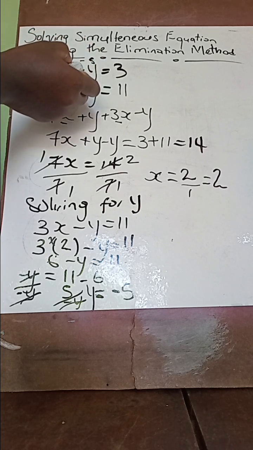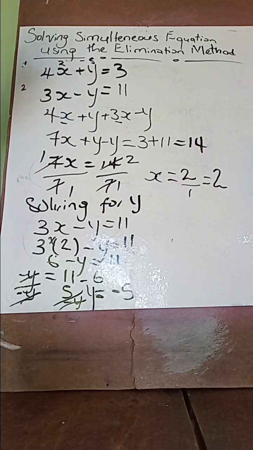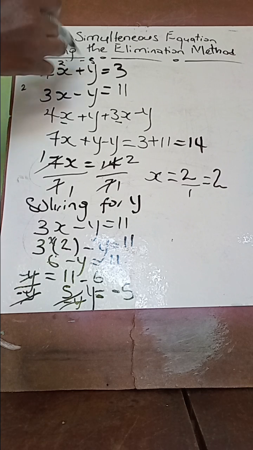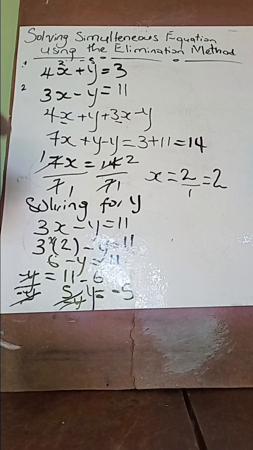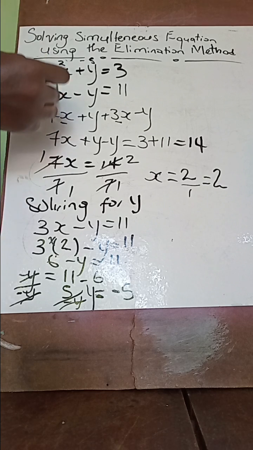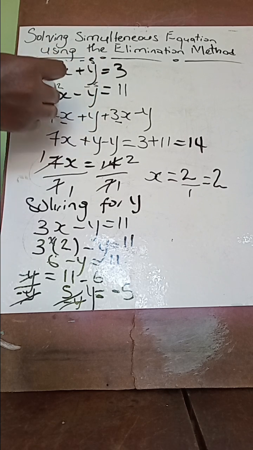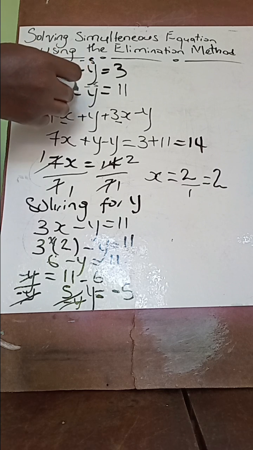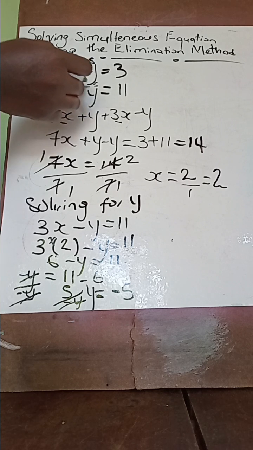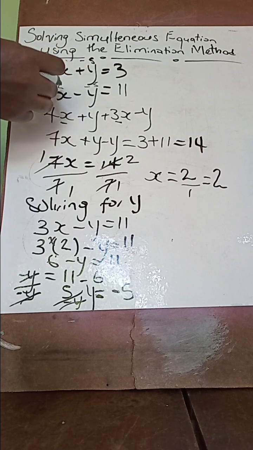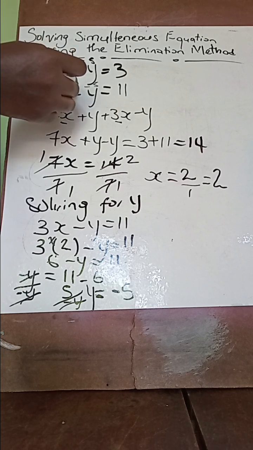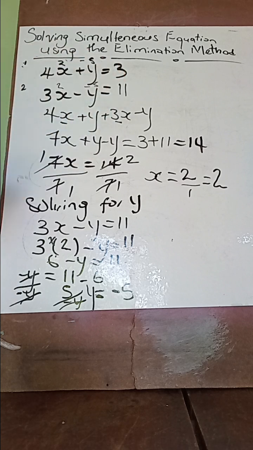And whenever you're adding a negative and a positive, it will always be a negative. So 8 minus 5 gives us 3. And down here, we know that x is 2, and y is negative 5. So 3 times 2 is 6, minus a negative, and a negative and a negative will give us a positive. So now we know that 6 plus 5 is equal to 11.